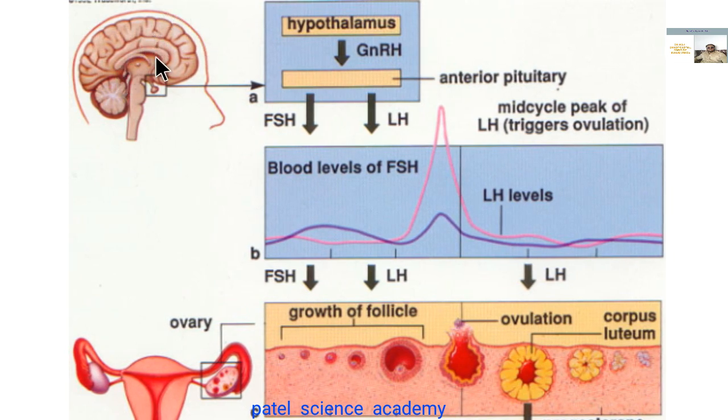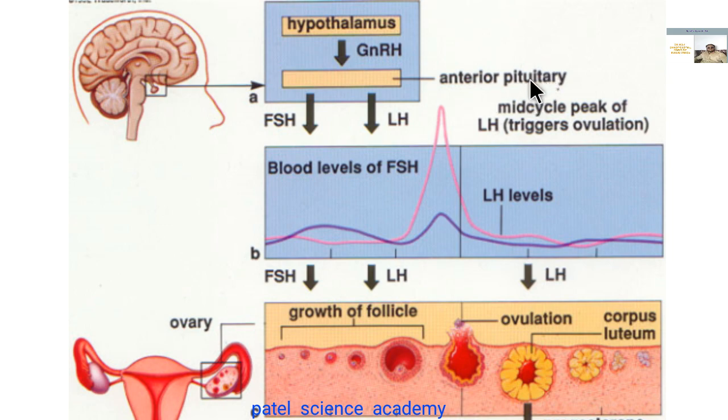So this is the endocrine system, the hypothalamus, which controls this process by GnRH. It releases two hormones, follicle stimulating hormone FSH and LH, luteinizing hormone, by the anterior pituitary gland.